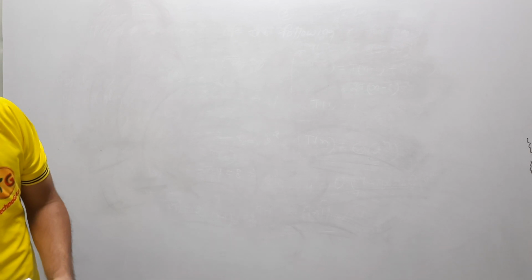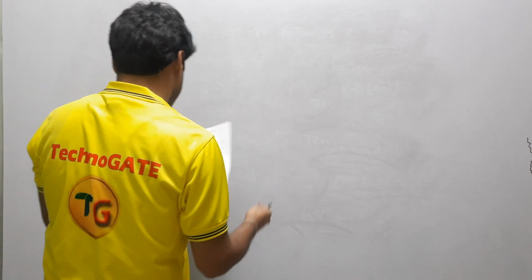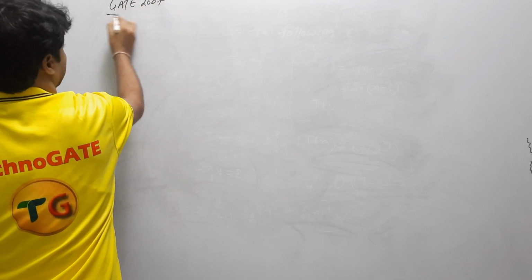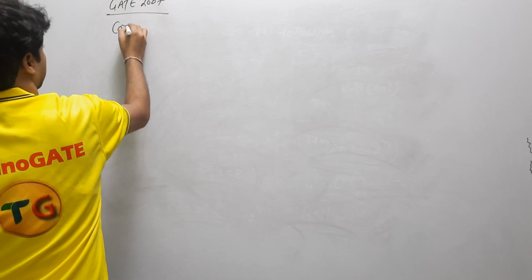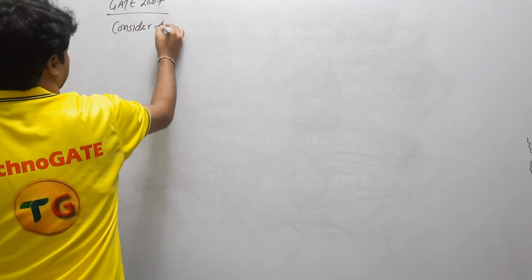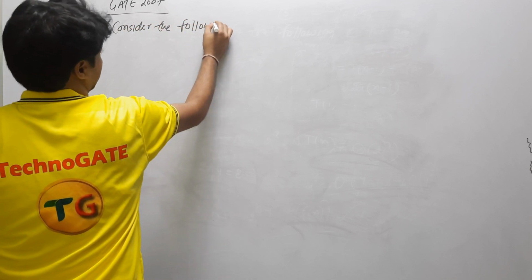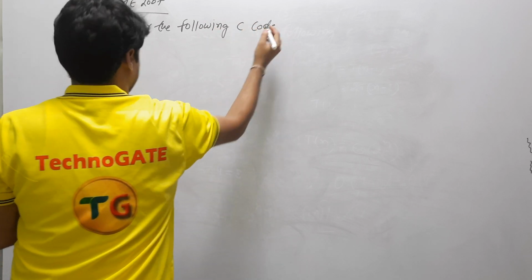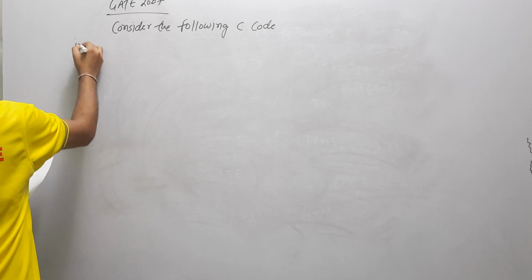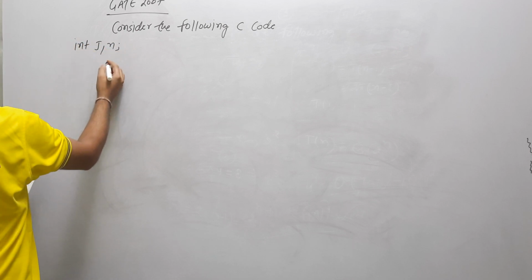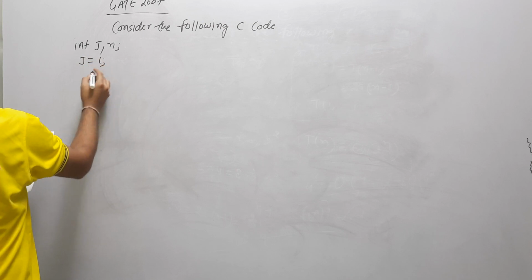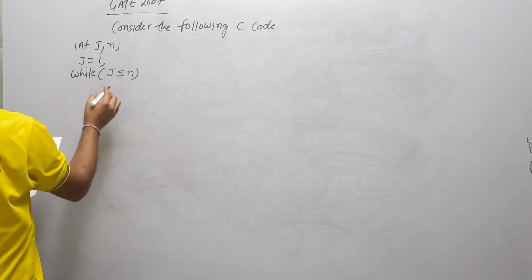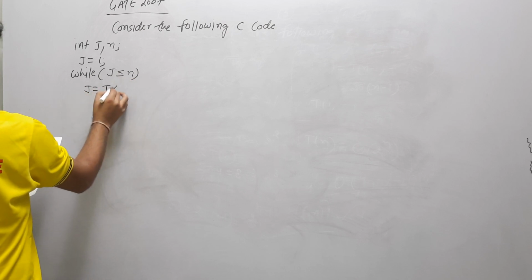Now the GATE 2007 problem. Consider the following C code: int j, n; j equals 1; while j less than or equal to n, j equals j into 2.